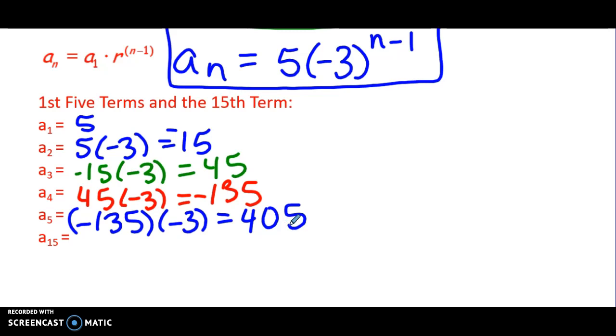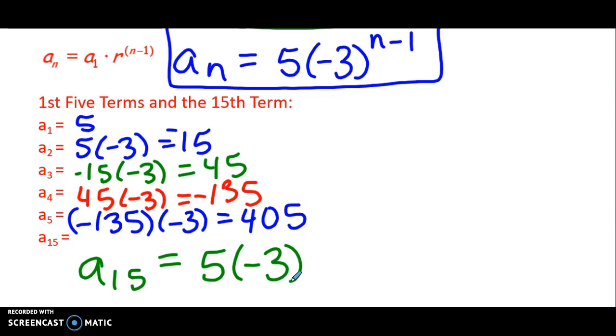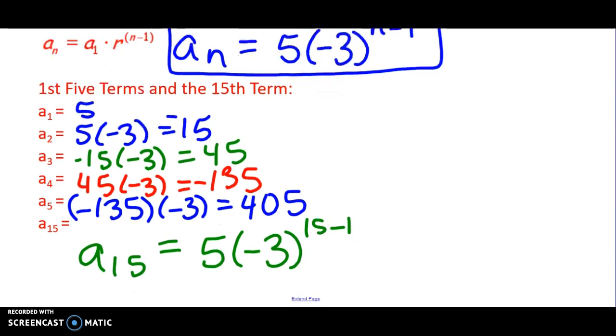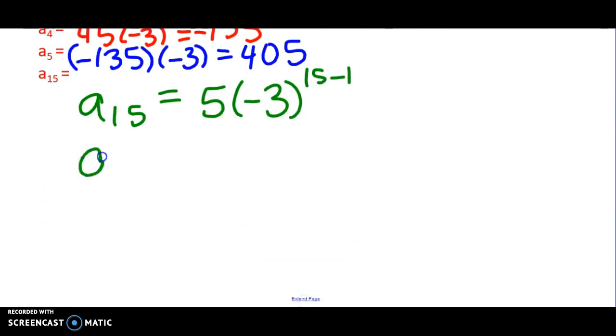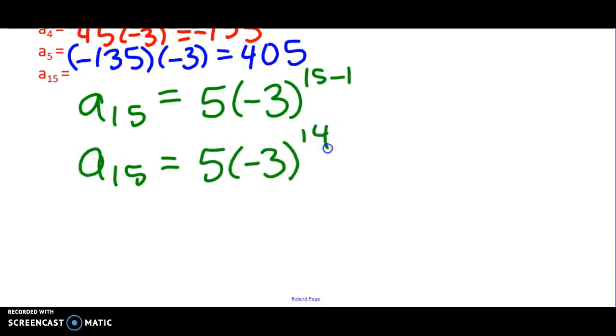If we want the 15th term, we probably want to plug it into our formula. So A15 is equal to the first term, which is 5, times the common ratio, which is negative 3, and raise it to the 15th term minus 1. So we're going to have A15 is equal to 5 times negative 3 to the 14th.